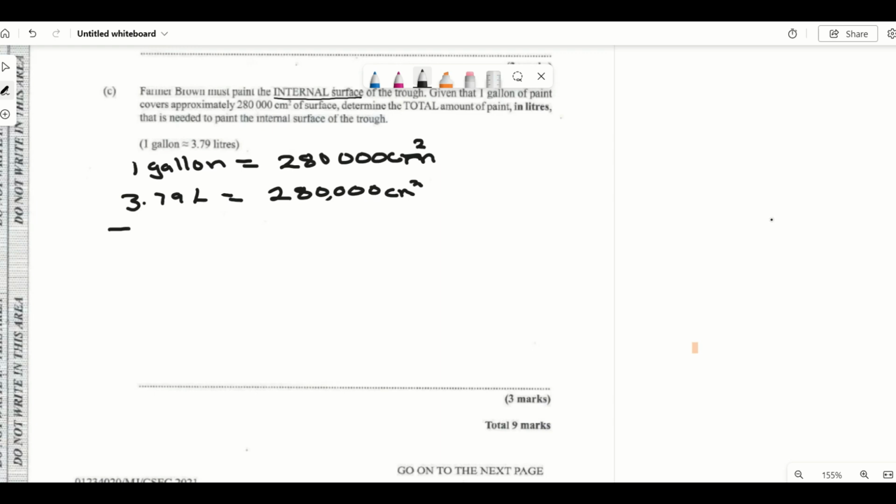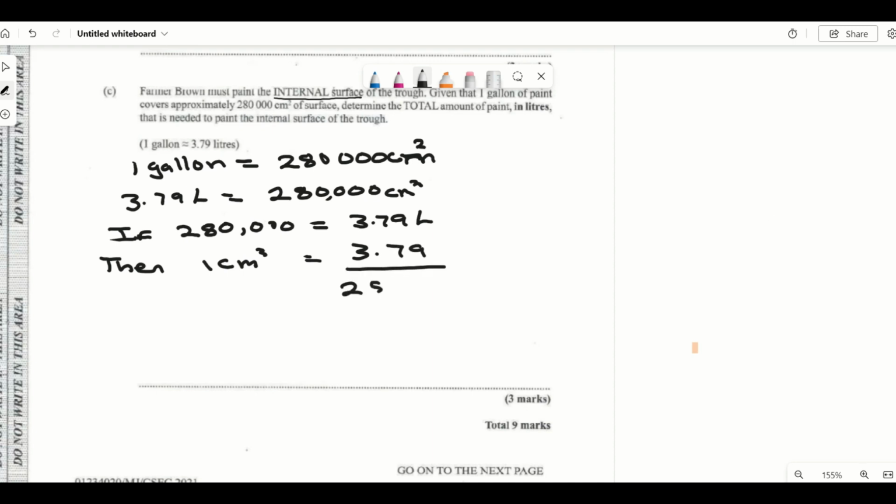So if 280,000 is equal to 3.79 liters, then 1 cm cubed is equal to 3.79 divided by 280,000. That's 280,000, right?